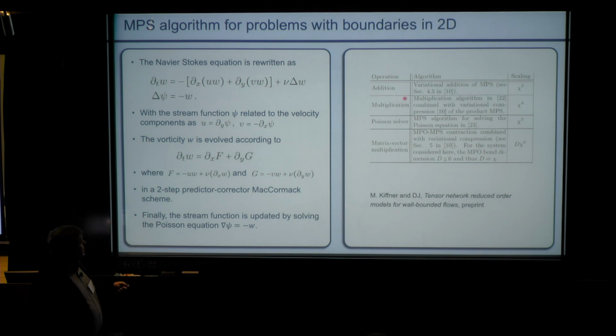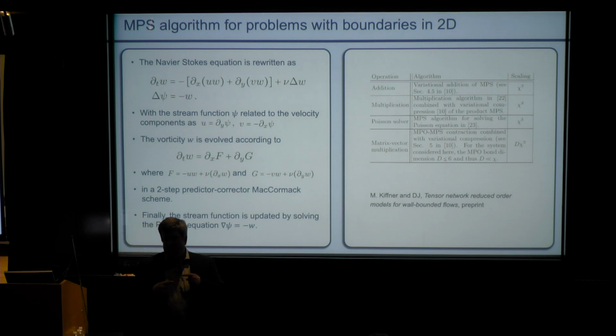The only things we need to do are add two states, multiply, solve a Poisson equation, and do matrix vector multiplication. All of this has been studied in the literature, and we can just use the existing algorithms for that. The main bottleneck here is the multiplication, because we do have a nonlinear problem now.